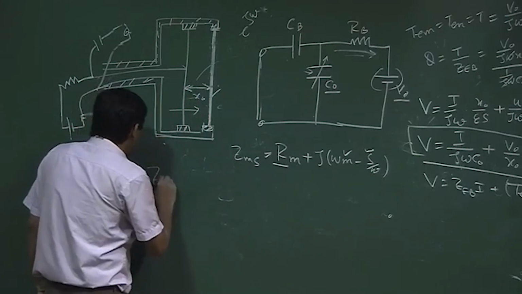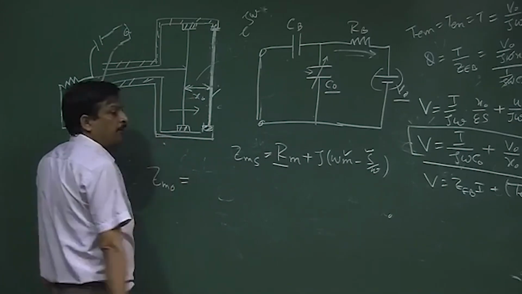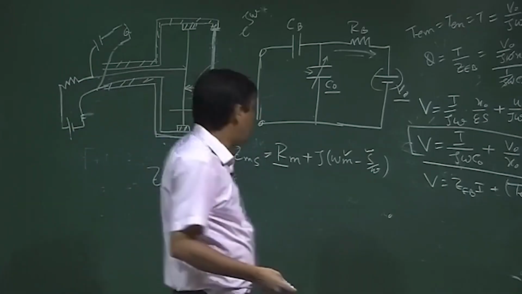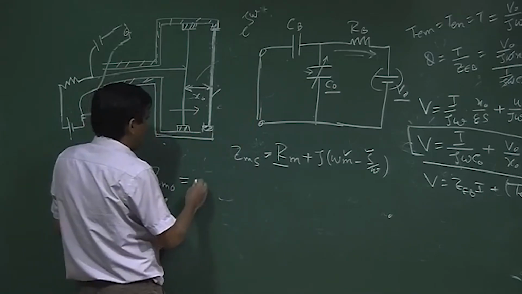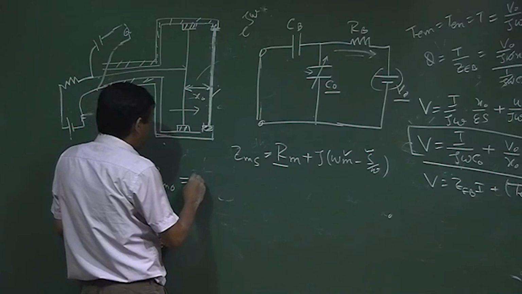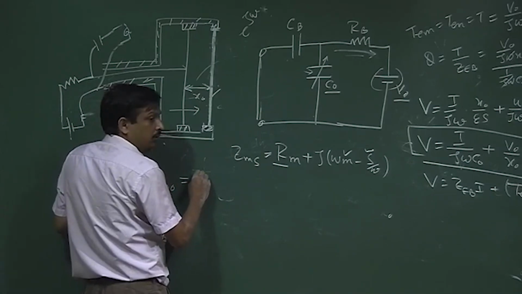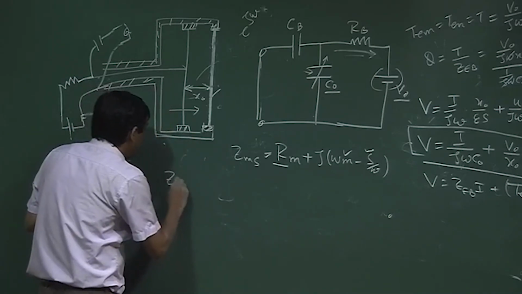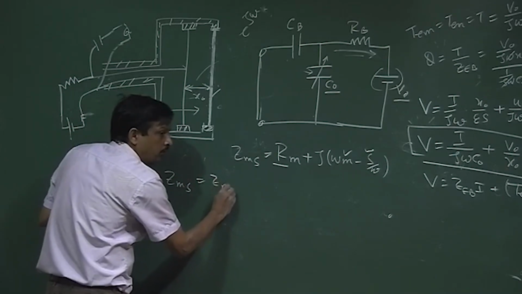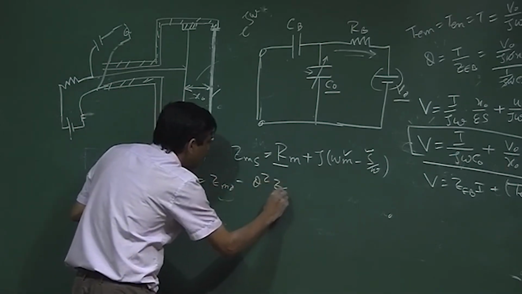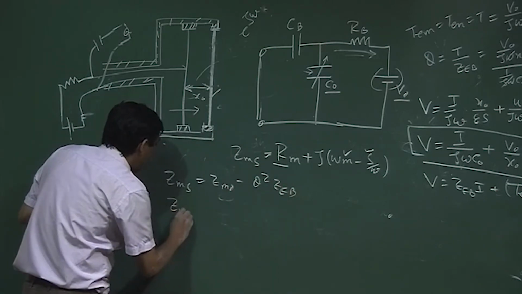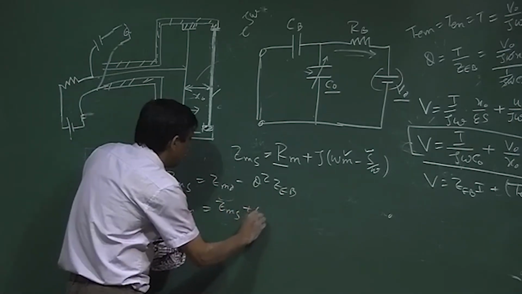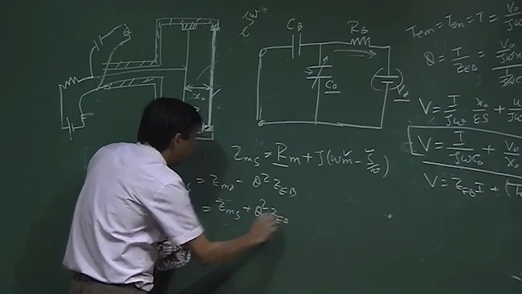What is ZMO? ZMO is when the electrical voltage is applied, as soon as that short circuit is opened, that electrical voltage is applied. So, when it is open circuit, ZMO is equal to, you know that, what is the relation? ZMS is equal to ZMO minus phi square ZdB. So, I can write ZMO is nothing but ZMS plus phi square ZdB.